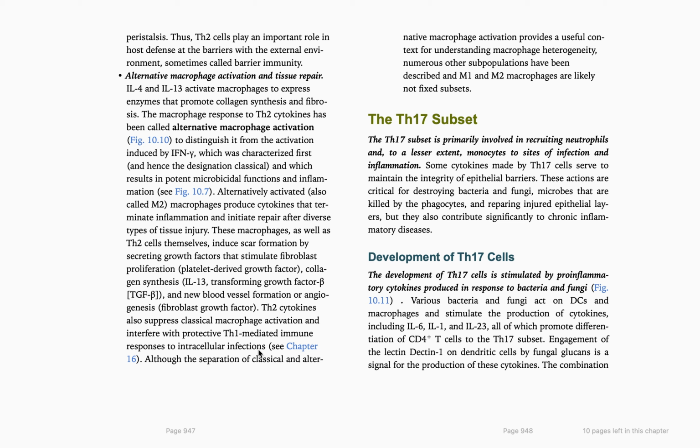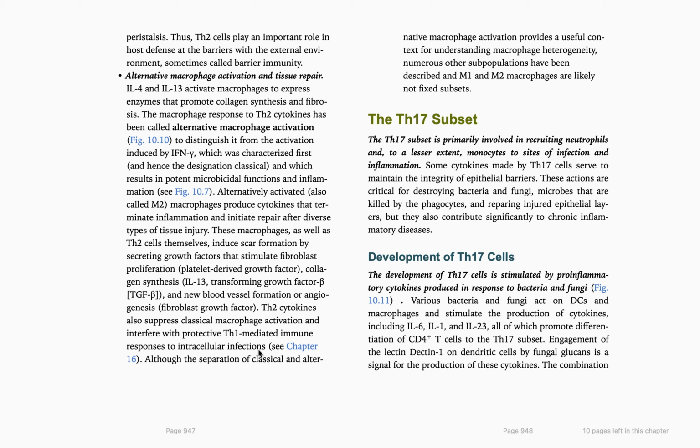The macrophages, as well as T helper 2 cells themselves, induce scar formation by secreting growth factors that stimulate fibroblast proliferation, such as platelet-derived growth factor, collagen synthesis, interleukin 13 and transforming growth factor beta, and new blood vessel formation, angiogenesis, fibroblast growth factor.